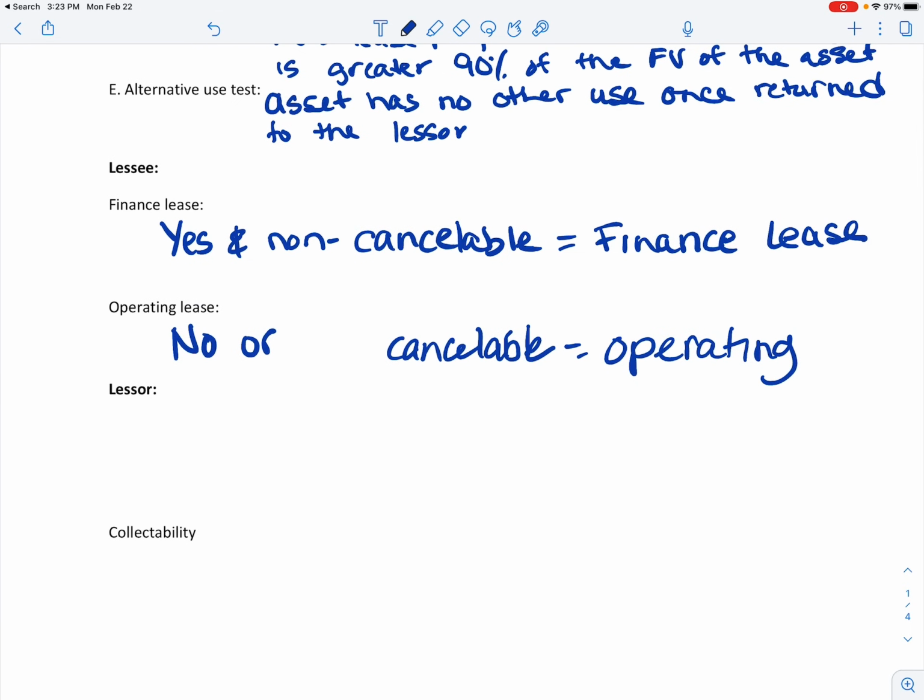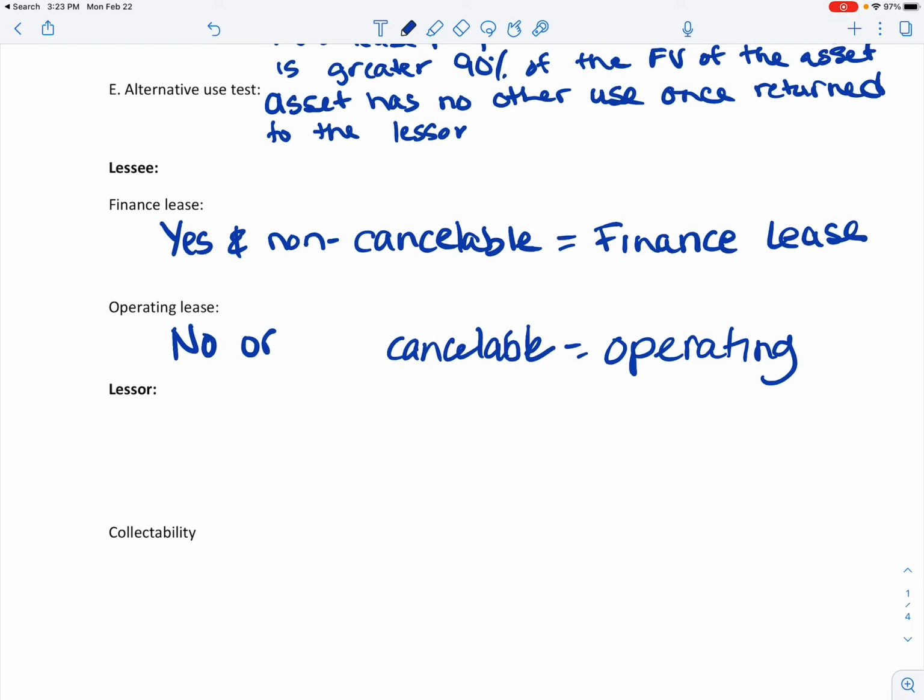Looking at it from the lessor standpoint, or the person who owns these, let's look at that first, and then we'll go back and go through the differences between a finance lease and an operating lease. So from a lessee standpoint, we're looking for those questions to be yes, and then it's going to be a finance lease, or if it's no, it's going to be an operating lease.